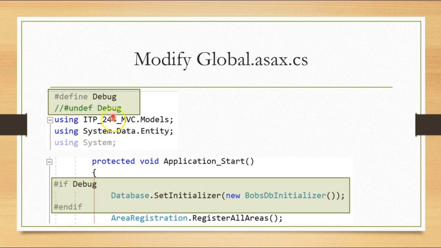It says, if debug has been defined, then call database.setInitializer, and I'm then going to call my new instance of BobsDbInitializer. And then we have the #endif. So Global.asax runs every time the application starts. First thing it's going to do is populate our test data.